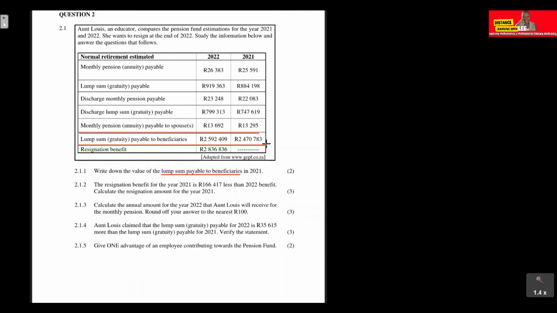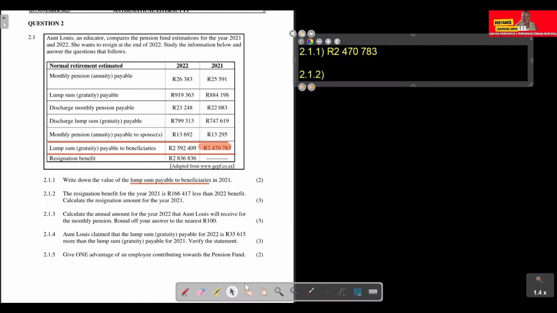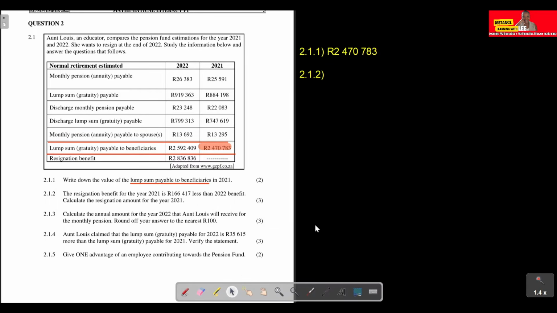However, we want to focus on the year 2021. Okay, so therefore, the lump sum that is payable to beneficiaries in the year 2021 is 2,470,783. Okay, I'm going to write that down. All right. So the lump sum is 2,470,783.